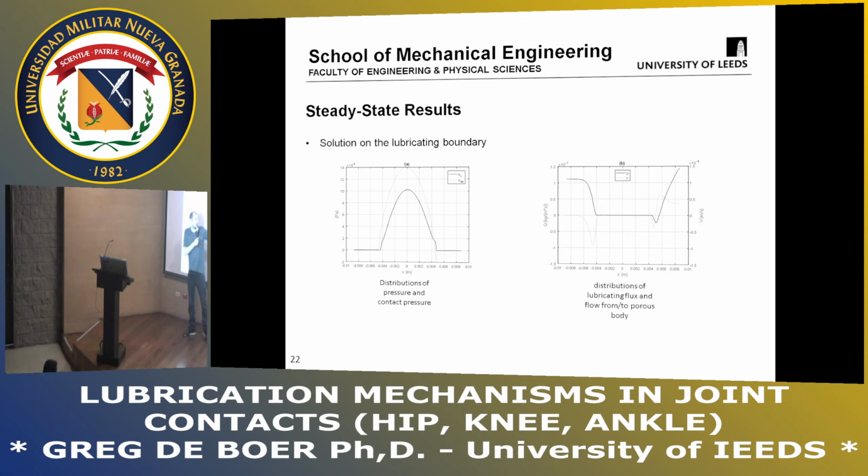Well, it is zero in this middle bit, which means there's no flow going through the lubricating region. What happens instead is that the flow is absorbed into the material and then pushed out the other side. So the fluid is being moved into the material and then out the material the other side, which goes back to that schematic at the beginning that I showed you. So it's really interesting here because the flux is 0, but we still have a positive pressure.